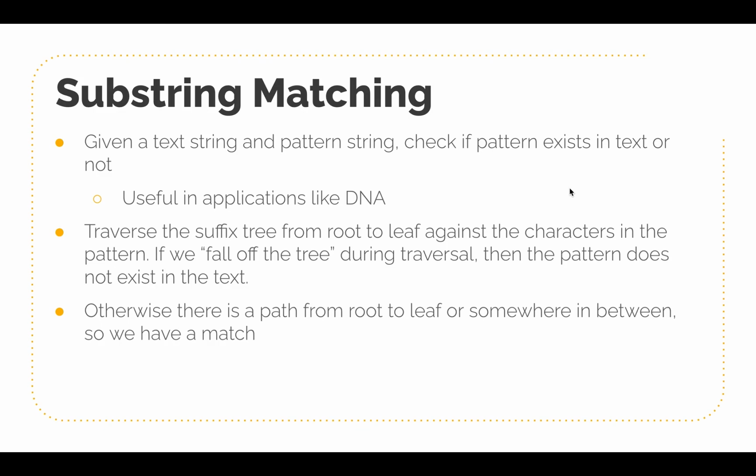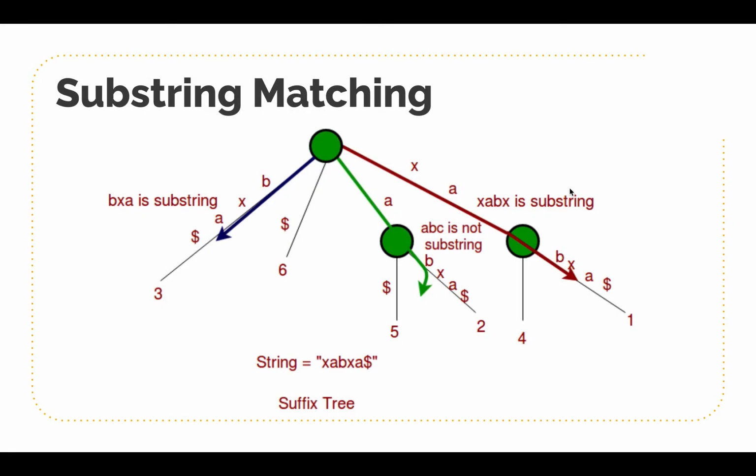Once we have a suffix tree built for the given text, we traverse the suffix tree from root to leaf against the characters in the pattern. If we fall off the tree, so to speak, during traversal, then the pattern does not exist in the text. Otherwise, there is a path from the root to a leaf or somewhere in between, so we have a match. An example of this can be seen here.